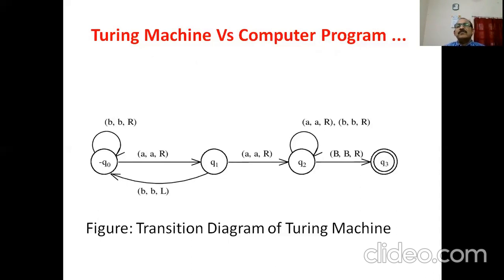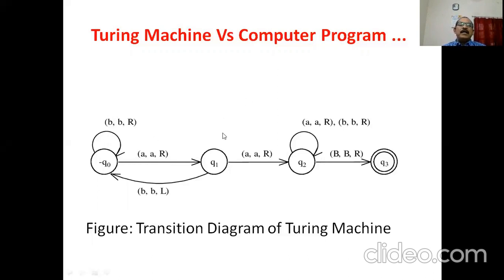This Turing machine identifies the language consisting of all words that have a double A. Is it clear? This Turing machine accepts all words that have a double A. Is it clear?